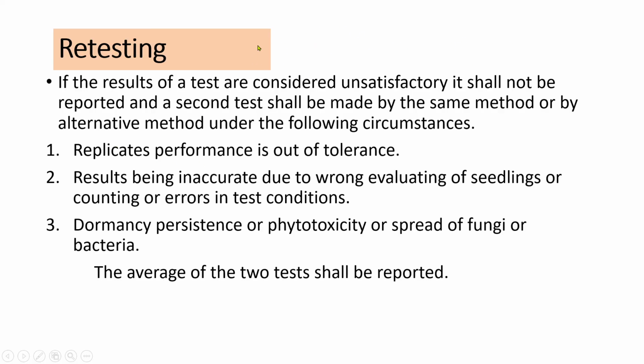If one of the replicates, the 100 seeds in a tray, is out of tolerance, that means it doesn't show the level of germination like the others, so we should repeat that replicate. It results from being inaccurate due to wrong evaluation of seedlings, counting, or errors in test conditions.